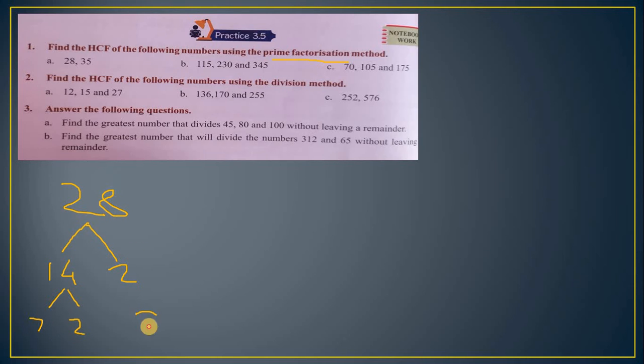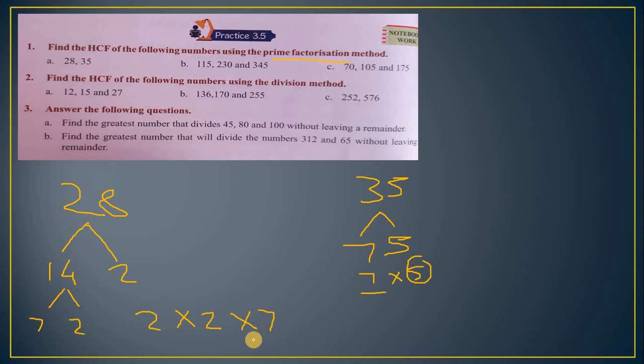So the prime factors multiply: 2 into 2 into 7. This is the prime factorization. The second number is 35. You can split that number: 7 times 5 is 35. These are the prime factors. If you see both, what is the common number? The common number is 7, here 7 and here 7. So what is the HCF?